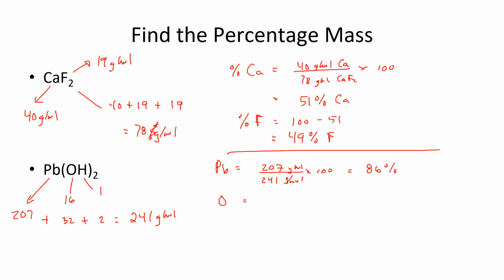And then for the oxygen, it's 32 grams per mole over the 241 grams per mole times 100 equals, so 32 divided by the 241. This time it's 13%-ish. And so that takes us up to 99%, and that means that the hydrogen is going to be the difference, 100 minus 86 minus 13 equals 1% hydrogen, roughly. Okay, so hopefully you got the basic idea of how to work out percentages of the mass using the molar masses.